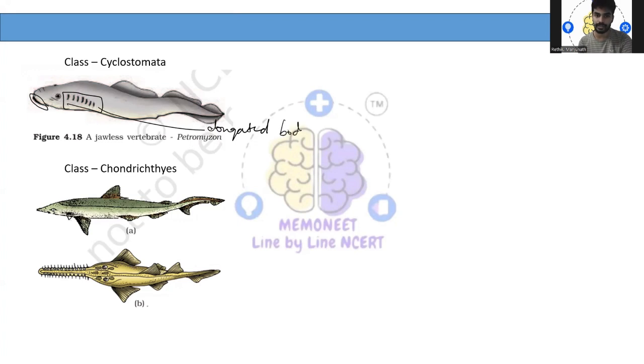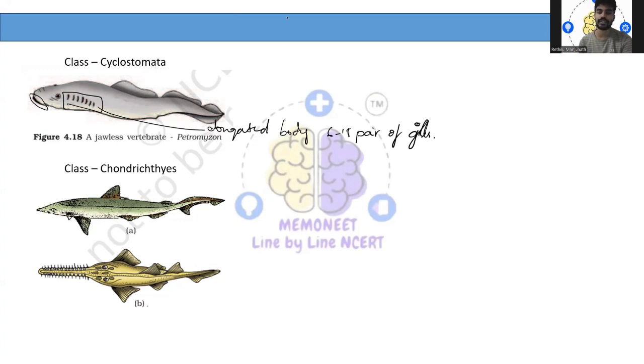An elongated body bearing around 6 to 15 pairs of gills will be present in the class Cyclostomata.